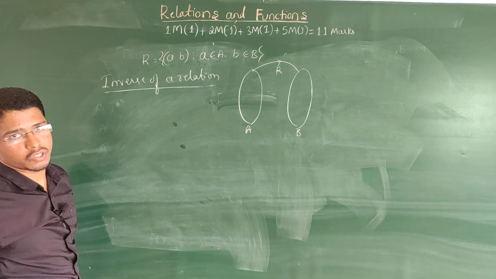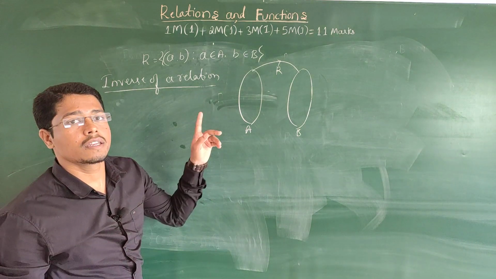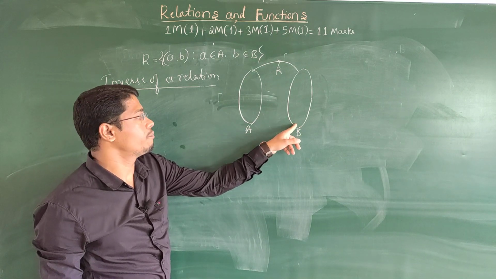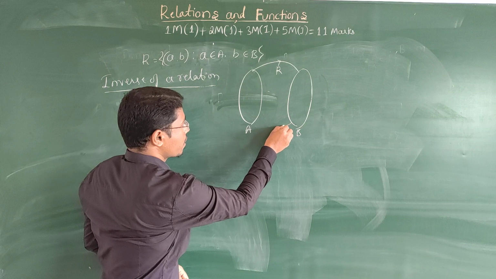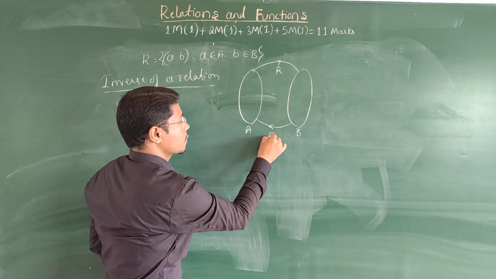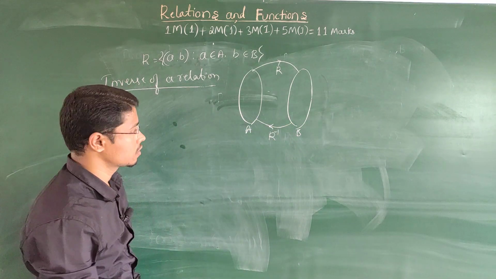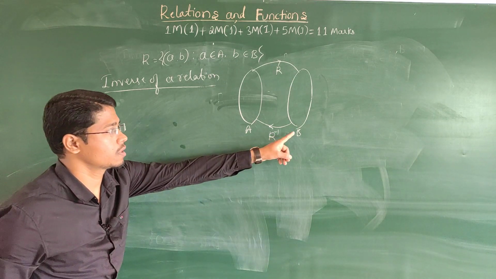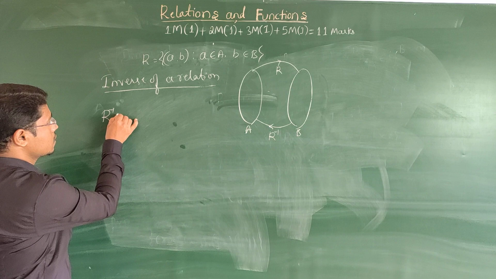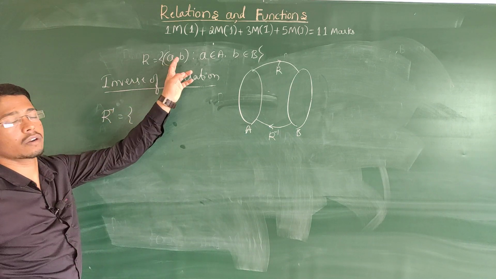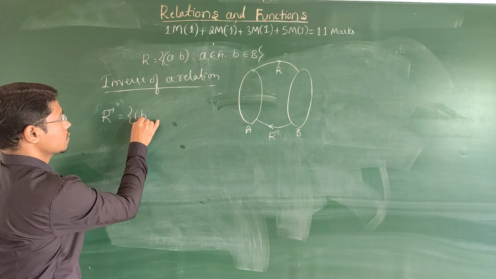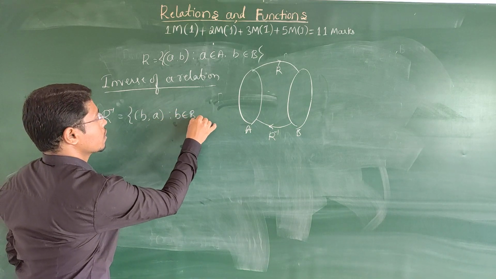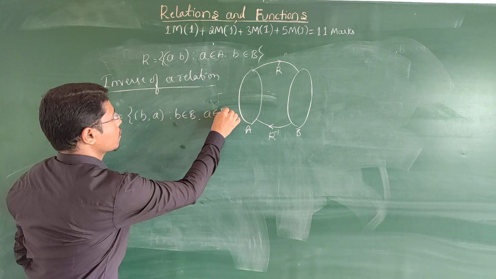The inverse of a relation is a relation from B to A. The inverse of a relation R is denoted by R inverse. So R inverse is a relation from set B to A, that is {(b, a) such that b belongs to B, a belongs to A}.